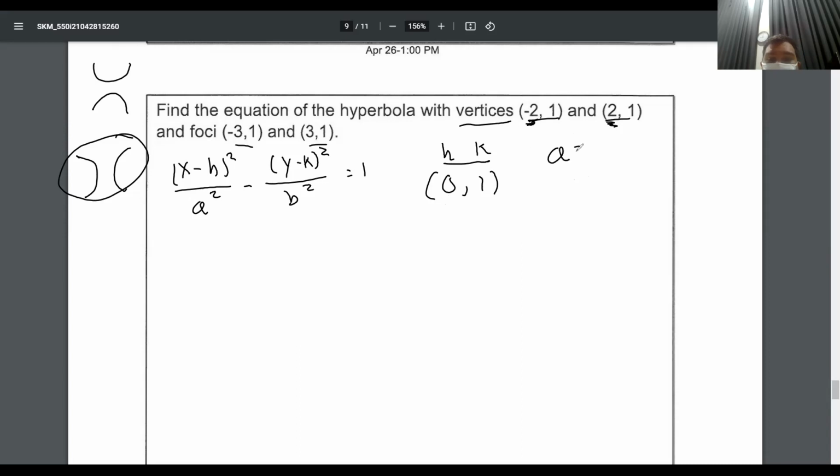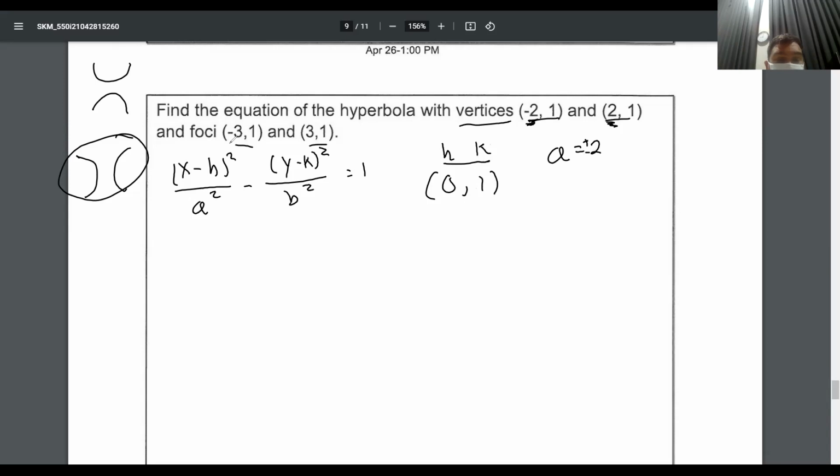So a equals 2. Plus or minus 2 doesn't matter. So we found the center in between both vertices, and a is just the distance from the center to one vertex, which is 2 units, going left or right in this case.